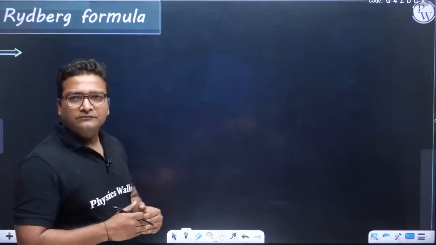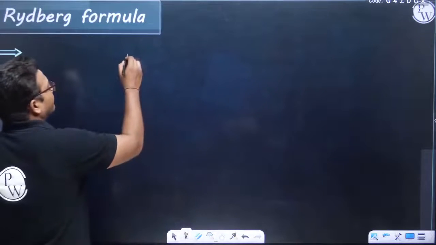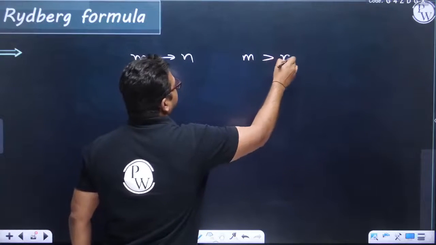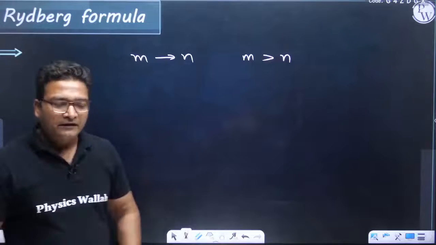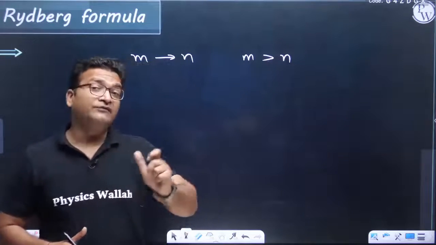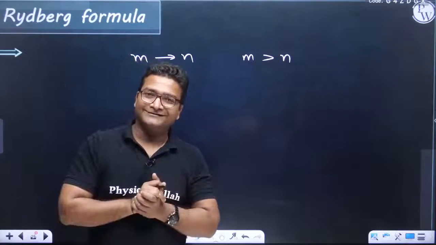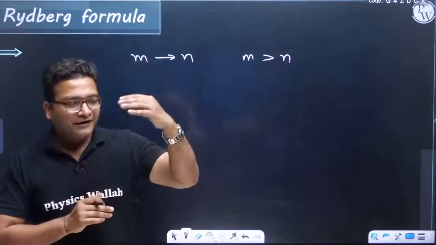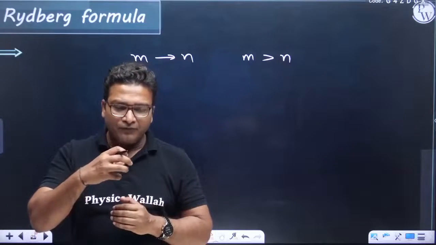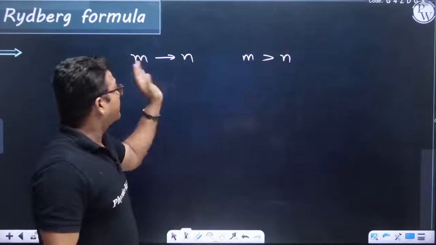If an electron jumps from a higher energy level to a lower energy level, let us say from m to n, where m is more than n, energy equal to the energy difference of these two states is emitted in the form of electromagnetic radiation. Whenever an electron jumps from a higher energy state to a lower energy state directly, a photon is emitted, and the photon has energy equal to the difference of energies of these two.